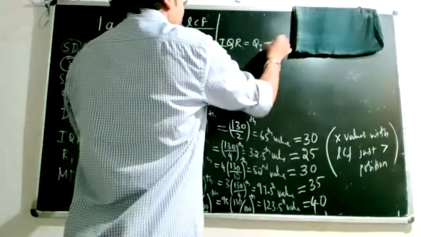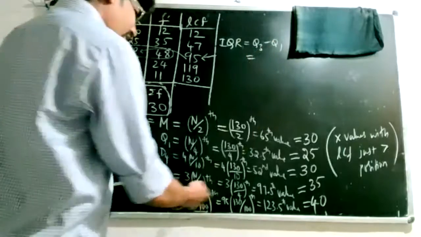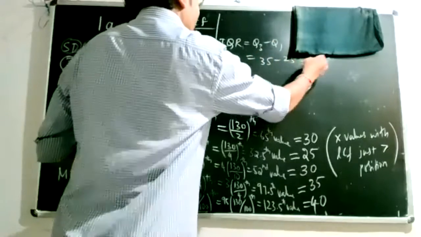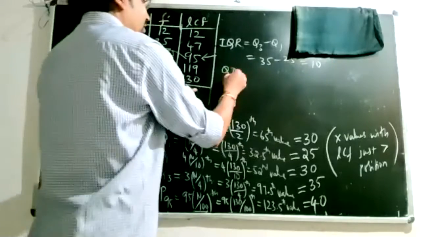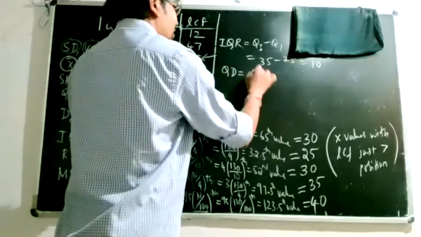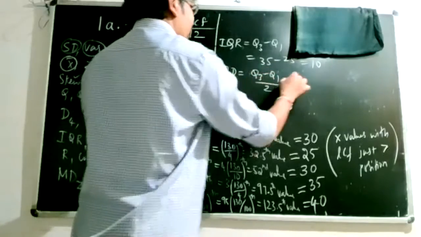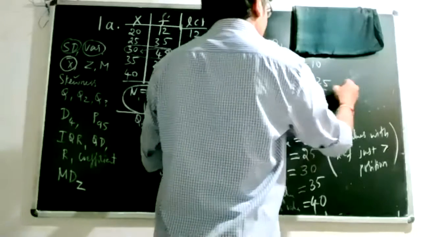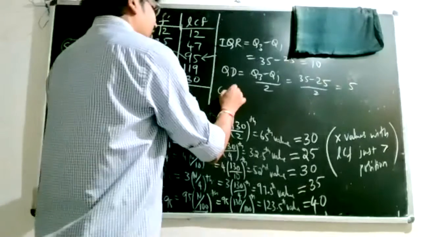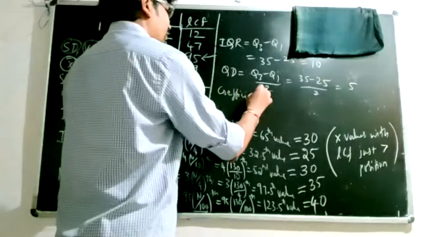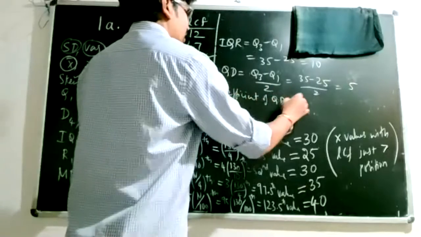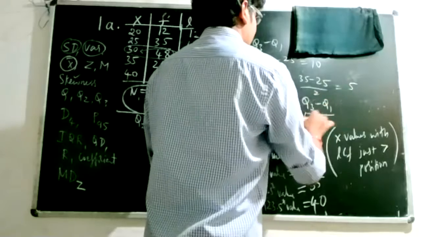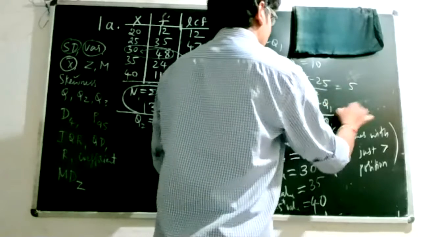IQR is Q3 minus Q1. So we have Q3 as 35 and Q1 as 25, so IQR is 10. QD is Q3 minus Q1 by 2, that is 35 minus 25 by 2, which comes to 5. Then the coefficient of QD is Q3 minus Q1 divided by Q3 plus Q1.